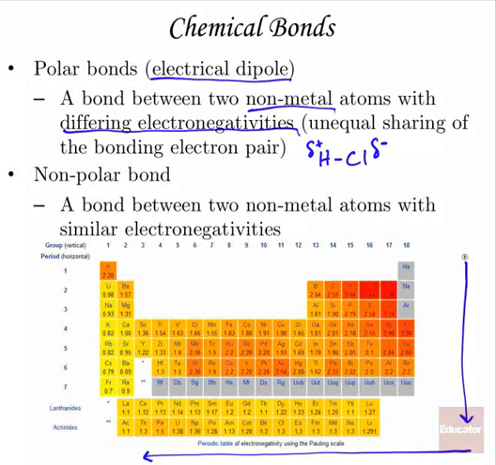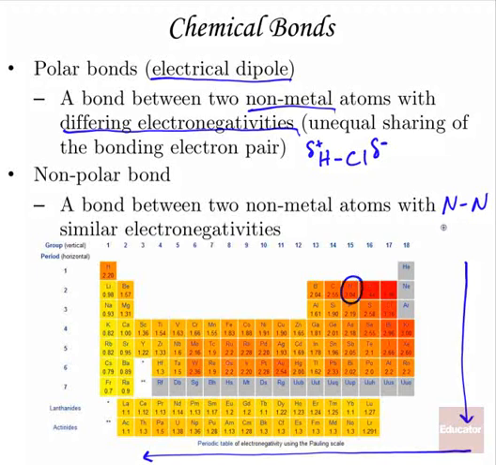Okay. A nonpolar bond, on the other hand, is a bond between 2 metal atoms with similar or even equal electronegativity. So an example of that would be, let's go back to our nitrogen.